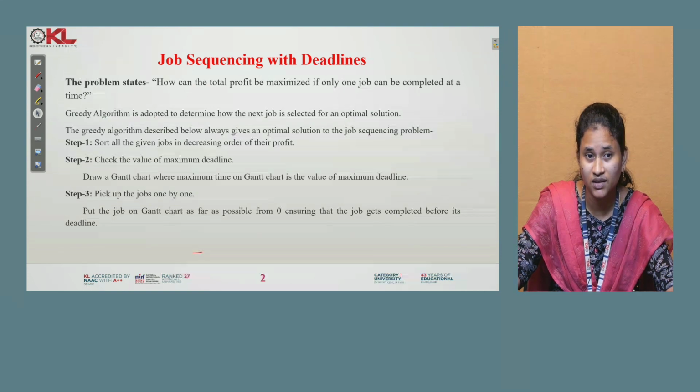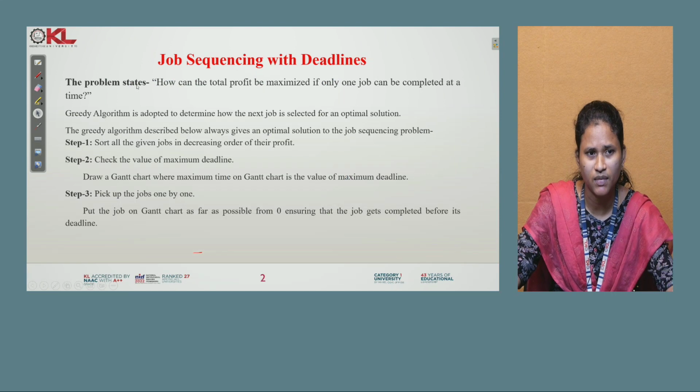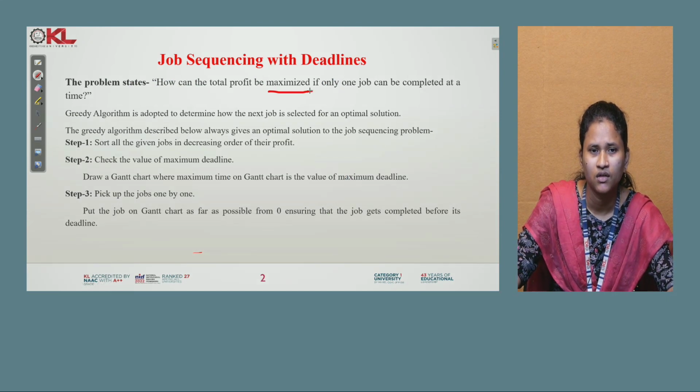Under greedy method we are discussing job sequencing with deadline, which also comes under optimization problems. Here we focus on maximization value, so this problem belongs to maximization optimization solution.